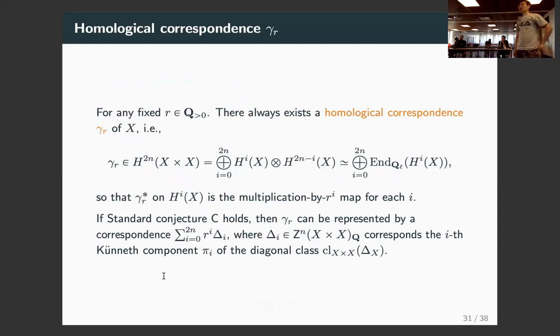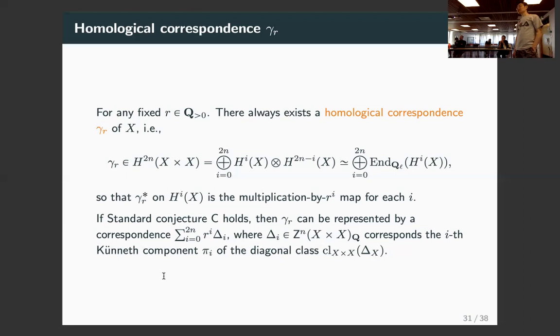Now I will talk about the other result, on the quantitative version of the standard conjecture C. Before that, we need to introduce a notation, gamma R, the homological correspondence.